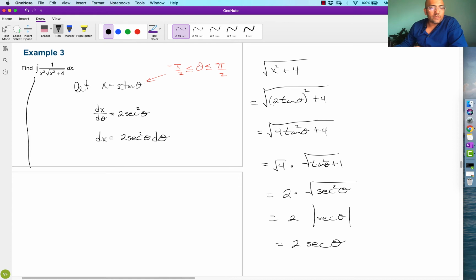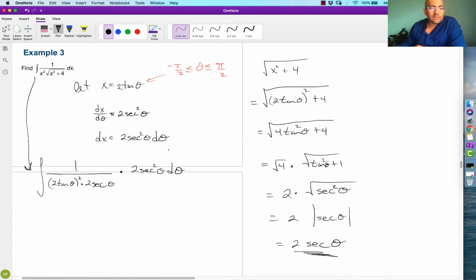So let's do it. This is going to be equivalent to the integral of a giant fraction where the x squared is going to be 2 tangent theta squared, and the square root of x squared plus 4 turns out to be this thing, so times 2 secant theta, and the dx is this, so times 2 secant squared theta d theta. Good.